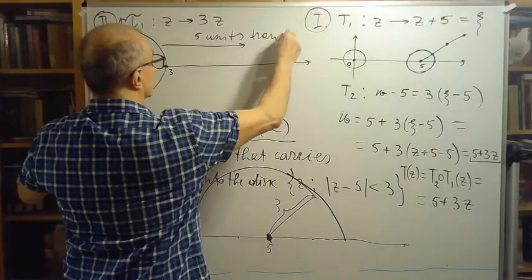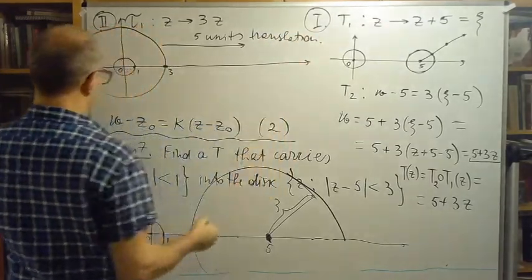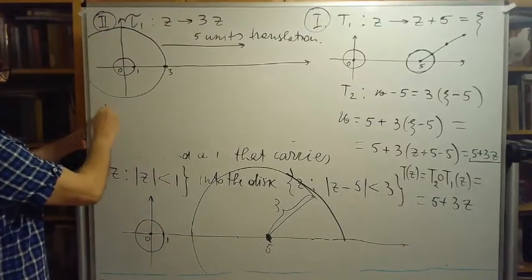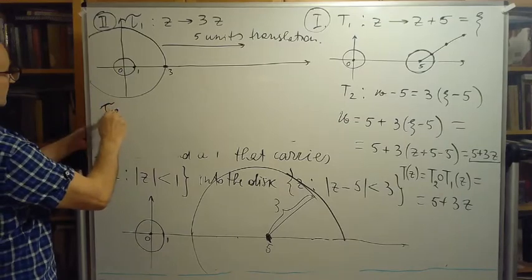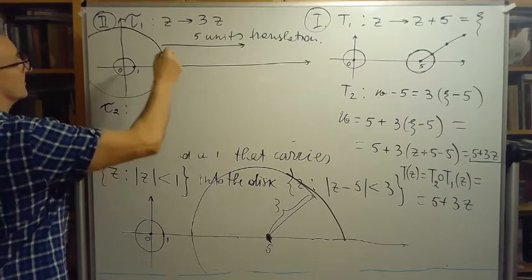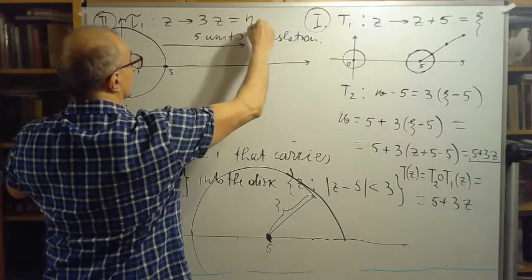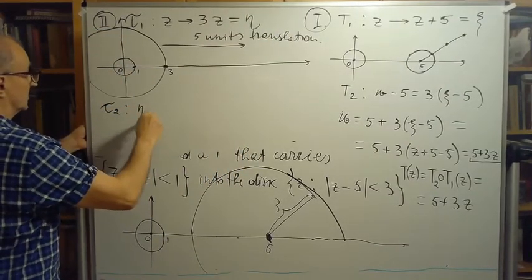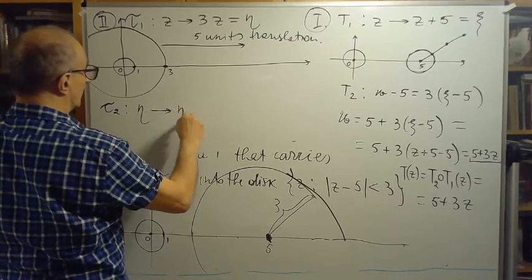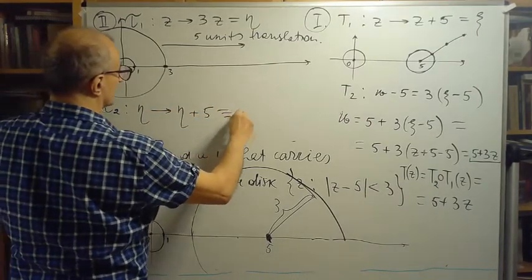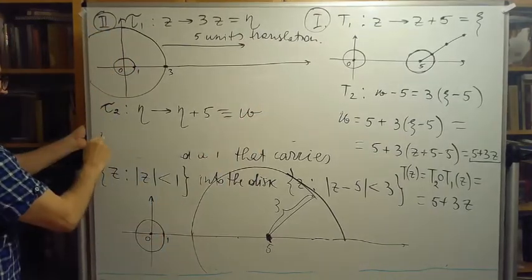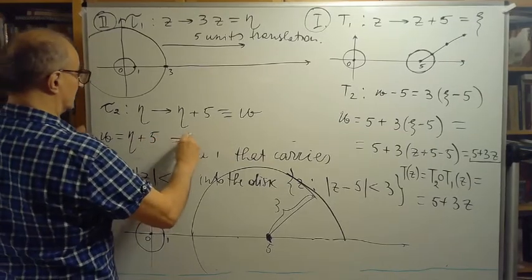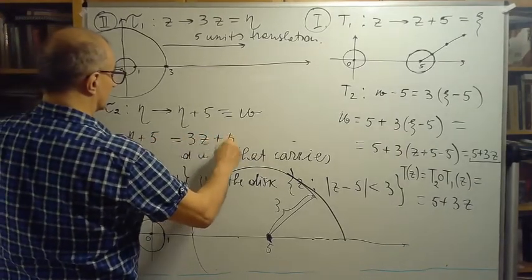Translation. So my second transformation, tau 2, I will denote this variable, let's say eta, will change eta to eta plus 5, which we will denote W. So the result, W equals eta plus 5 equals 3Z plus 5.